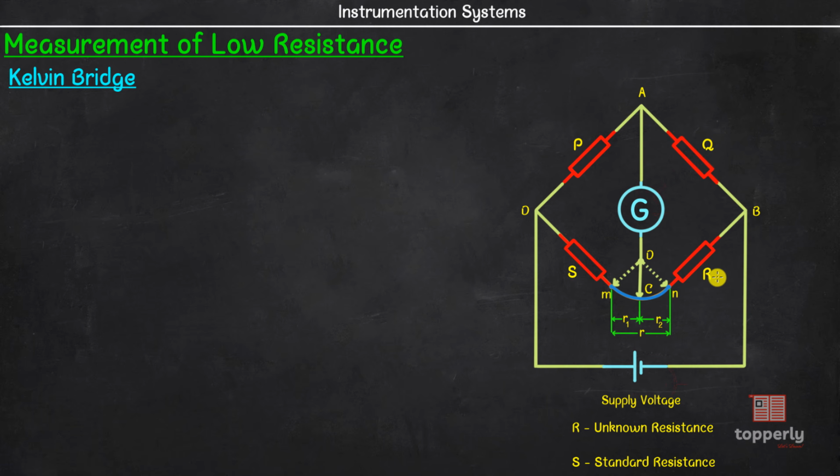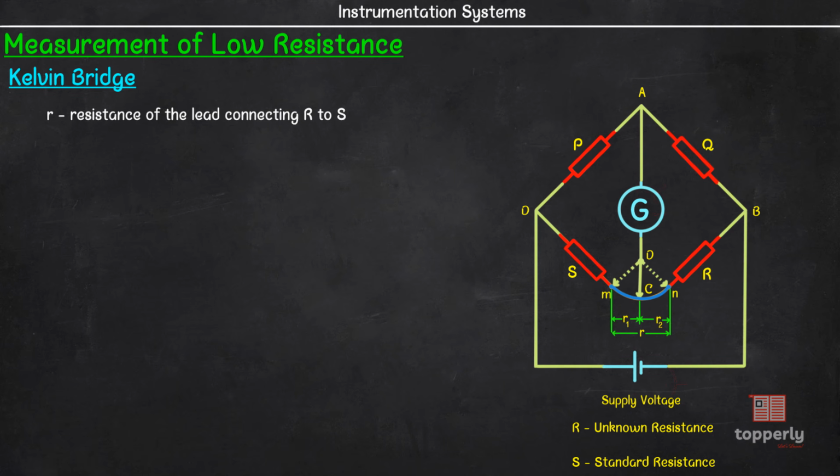Here let R represent the unknown resistance and S represent the standard resistance. Also, the small r represents the resistance of the lead connecting the unknown resistance to the standard resistance.